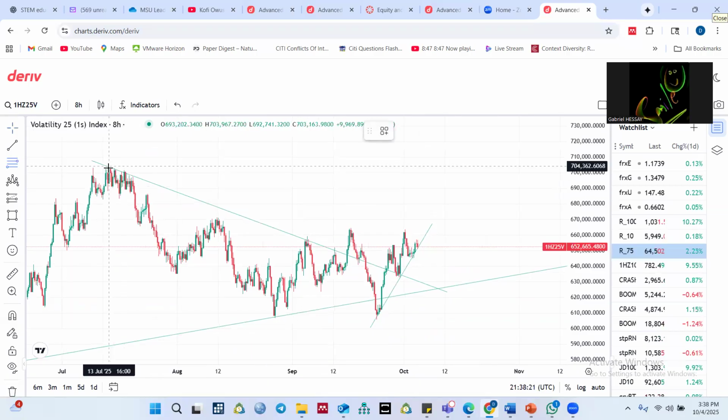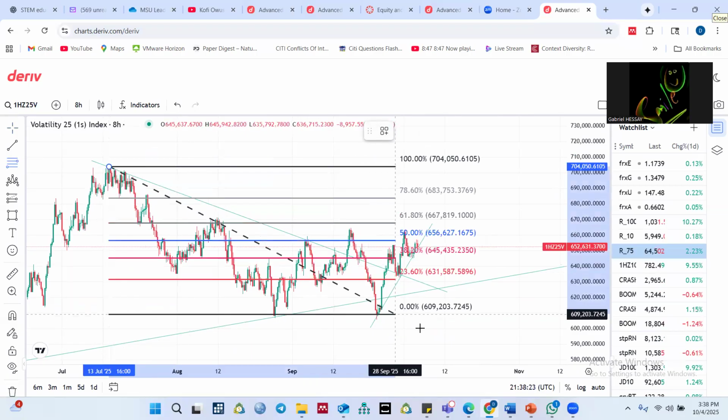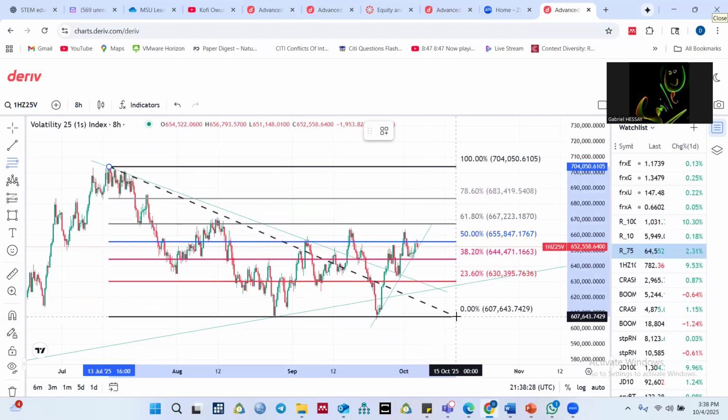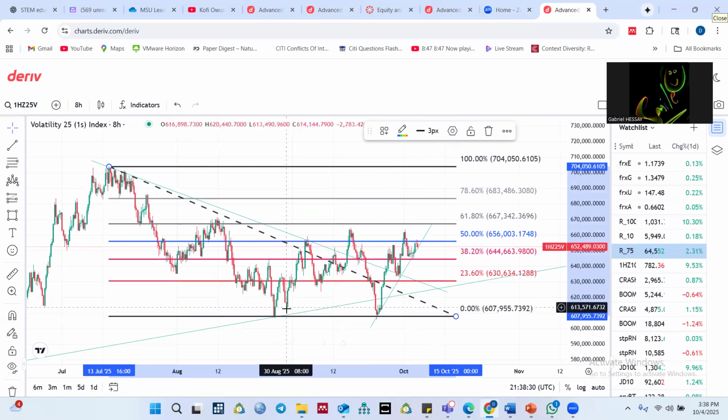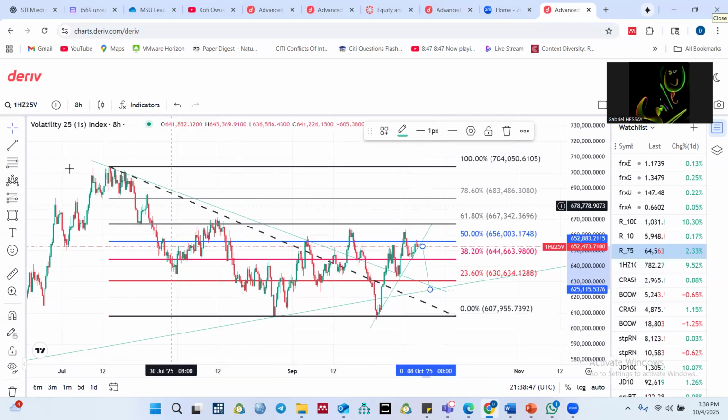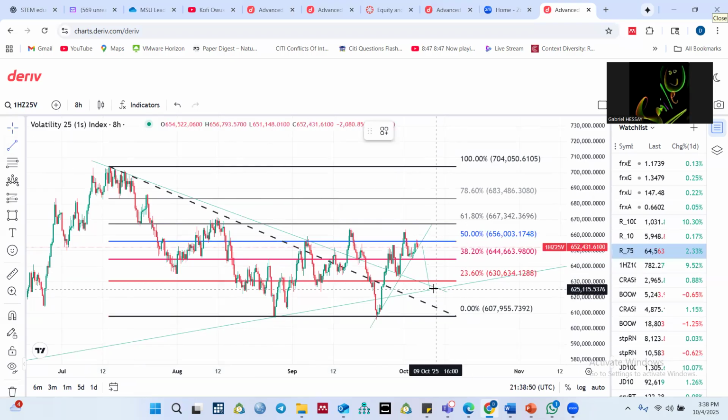If we take from up here down to the equilibrium that it gave us and we are measuring, we are also at equilibrium. So price traded to equilibrium, down again, equilibrium again, retesting down. We are likely from here to have a retest here, and then from here, let me see.